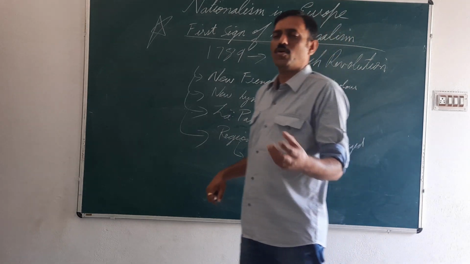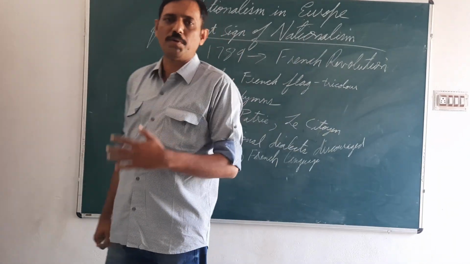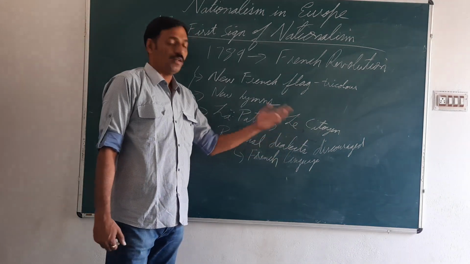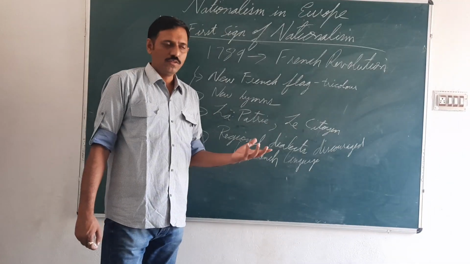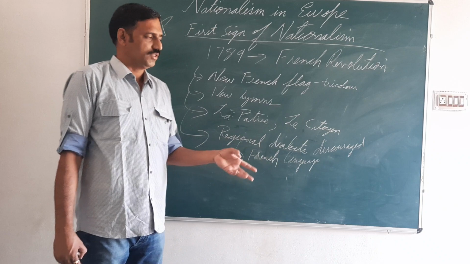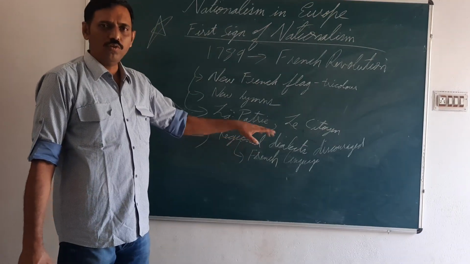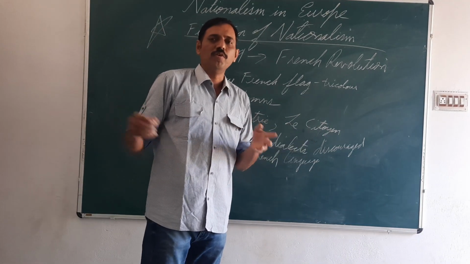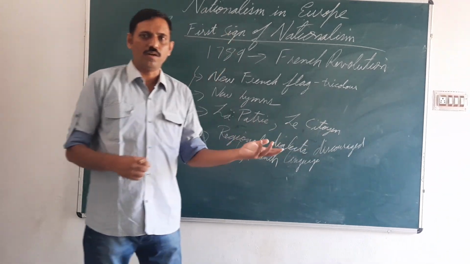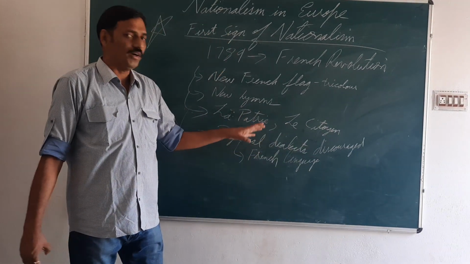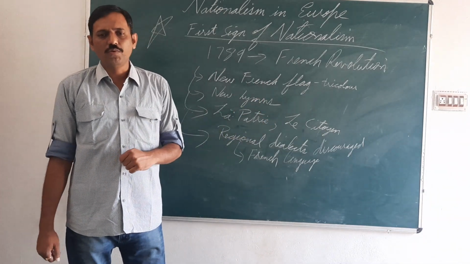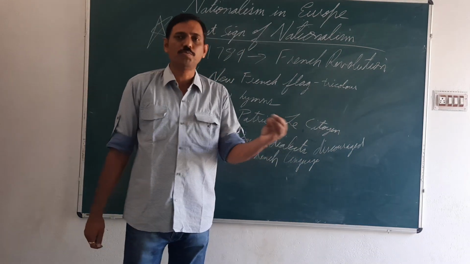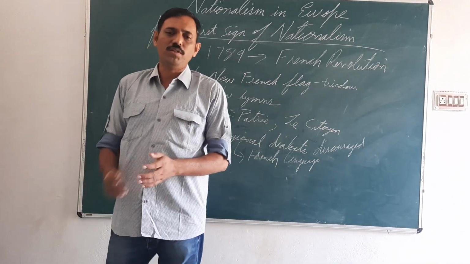Dialect means in Hindi we call boli, and language means bhasha. Like Mewadi is a dialect, but Hindi is the language. So a locally spoken language is known as a dialect. There was also large variation in France; locally people used to speak different languages, dialects. Instead of it, in the French Revolution it was said that now French will be the national language, and the French spoken in Paris will be the national language.